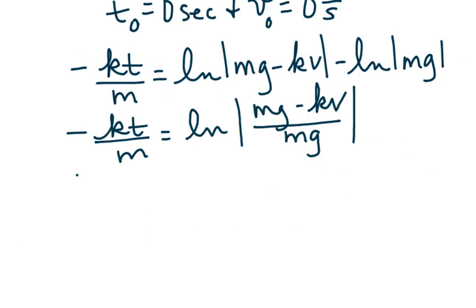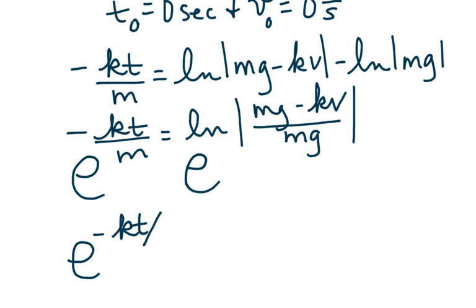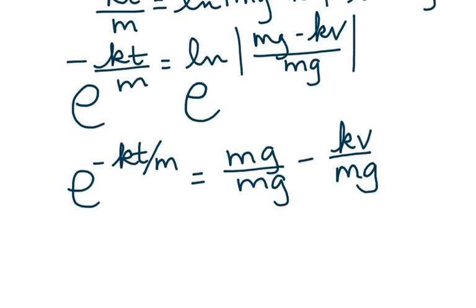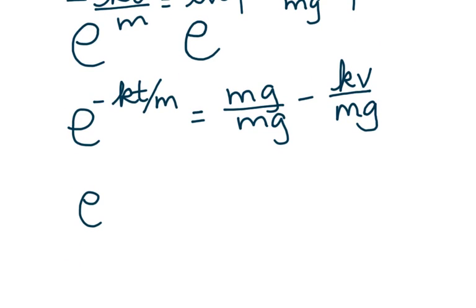Now what we're going to do is use Euler's number. That's our trick here to get rid of the natural log. And what I end up getting is this, which of course is just this.